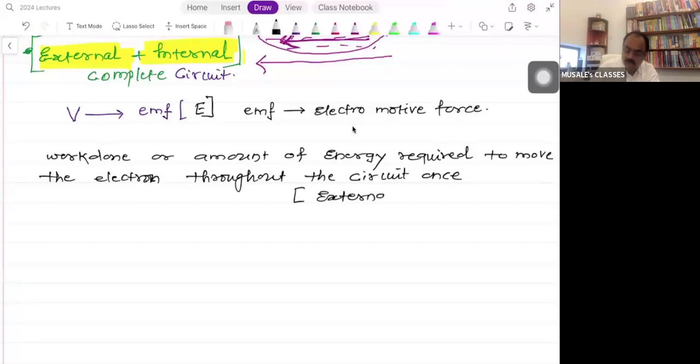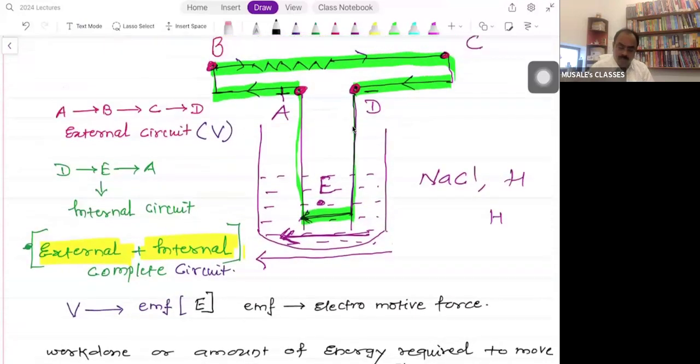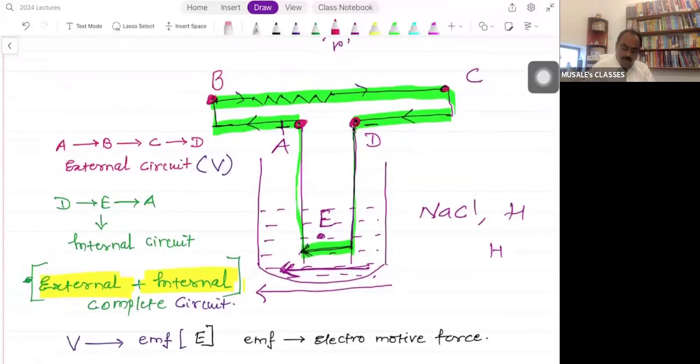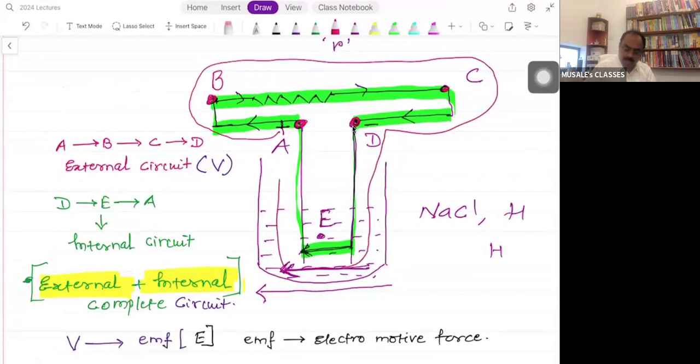external plus internal circuit. Through both the circuits. That means for one complete round, when it is moving from A to B, B to C, C to D, from D to E, and then back to A. That is known as a complete circuit.